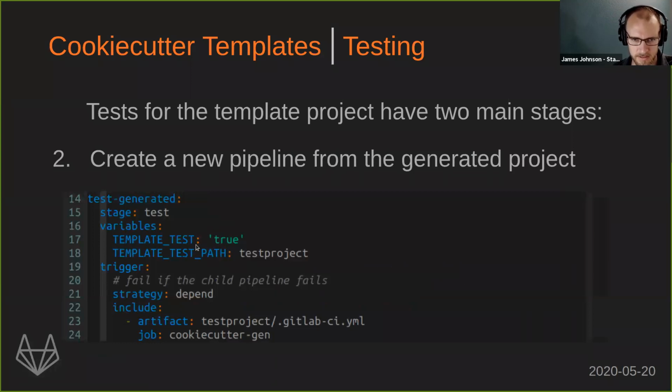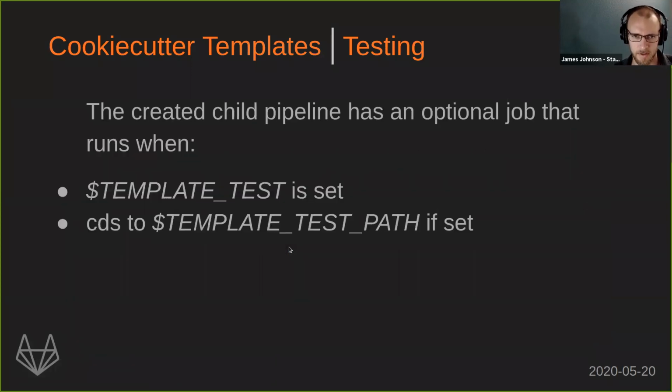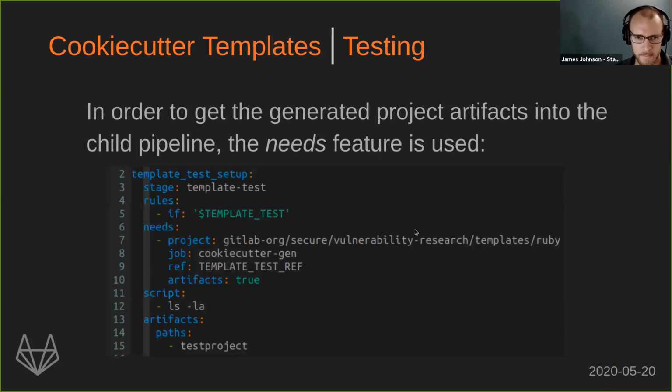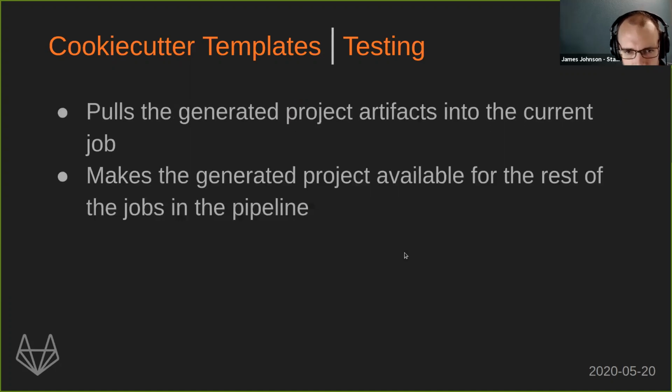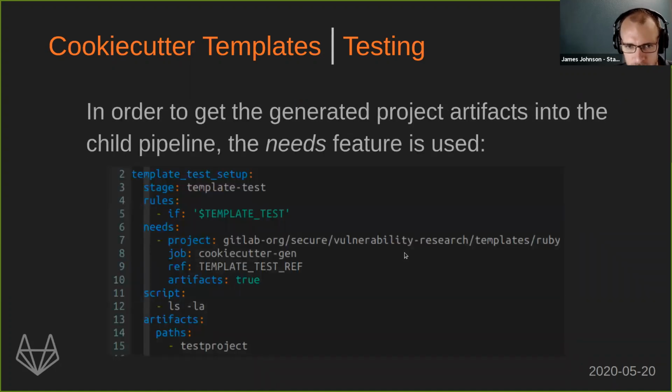Template test, we set that to true, and template test path to test project. And that comes into play on the next step. So we create the child pipeline, we set template test to true and template test path to the location of the generated artifacts. And I did not include a screenshot of that here.